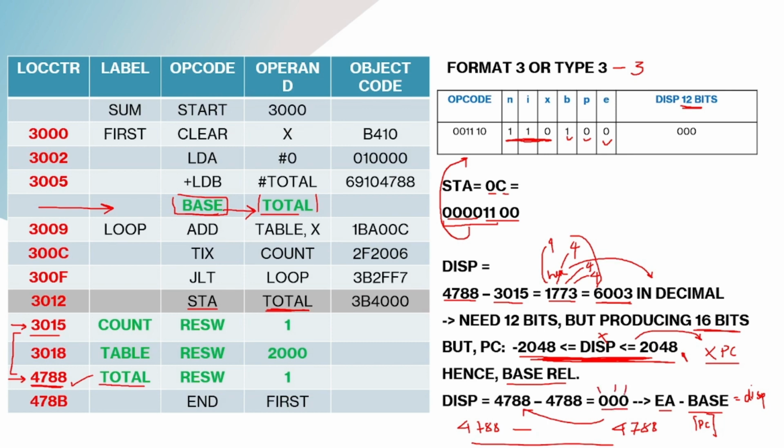So 3 zeros, because the displacement is 12 bits, that's 4 plus 4 plus 4. So this thing, you'll feed it right here. And now you can see we're not using program counter, so that goes 0. And then we're using base, so that's 1 for that. Now grouping, you have all of your values right here. You can group it into 4s right there and right there.